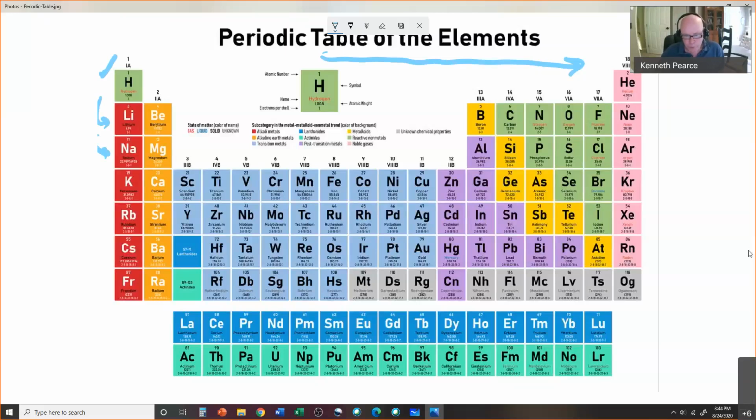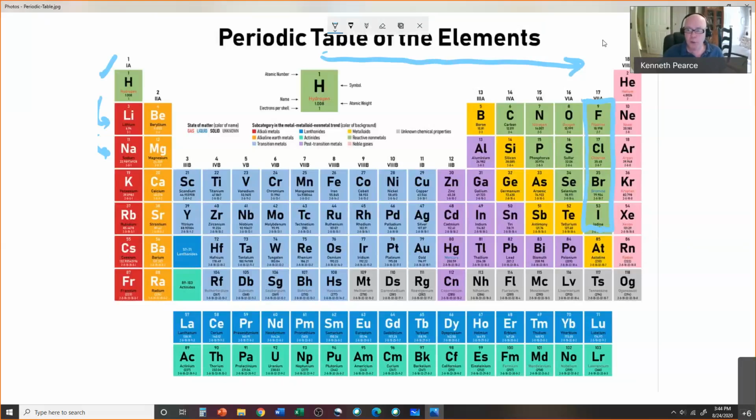Now, originally, one of the early periodic tables actually had it organized in order by atomic mass, and that caused problems because you want the columns, the groups, to have similar chemical properties. This is where the whole idea of the periodic table came out: people started noticing that certain elements shared chemical properties, such as these guys over here.